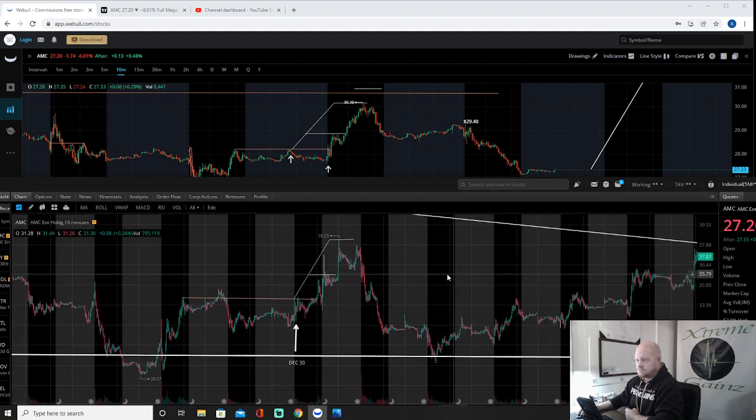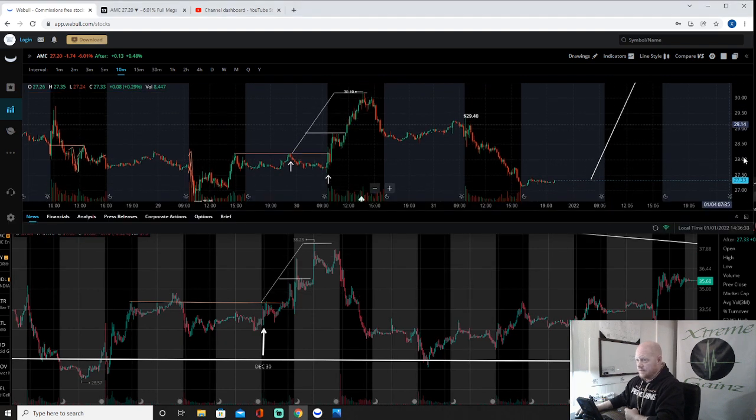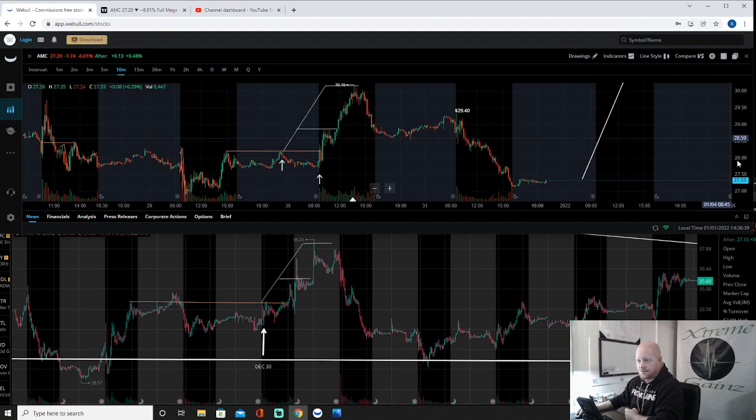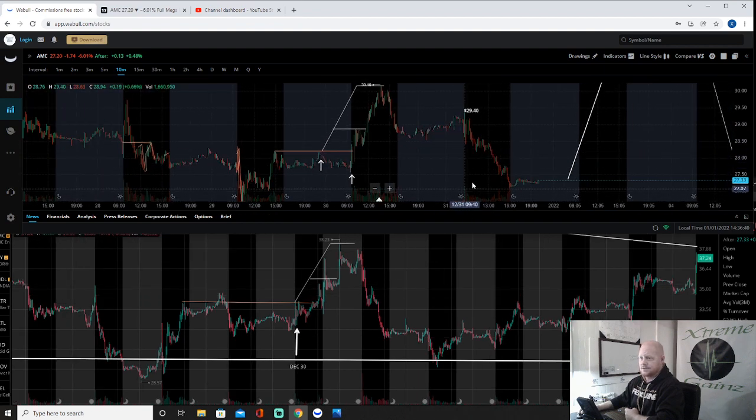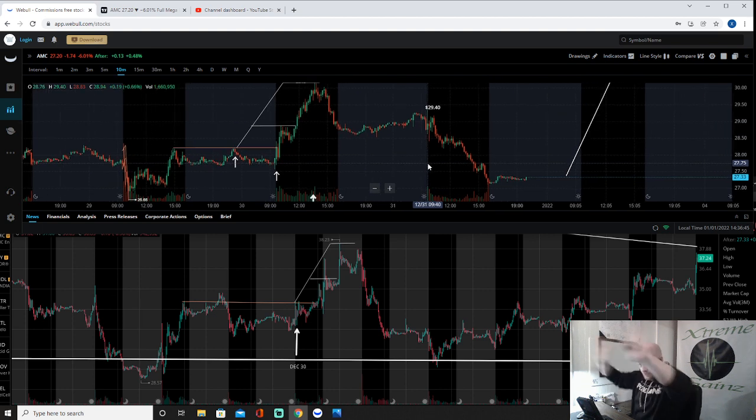Look at this. This is another form of confirmation. Man, I hate that I have to do it like this on two screens for you guys. I wish I could set it up to where I can have both my full screens for you. This is the current micro 10-minute movement.